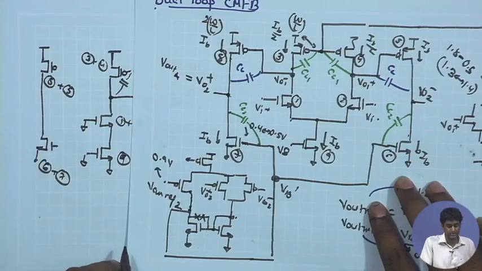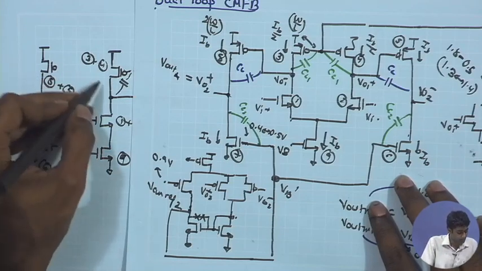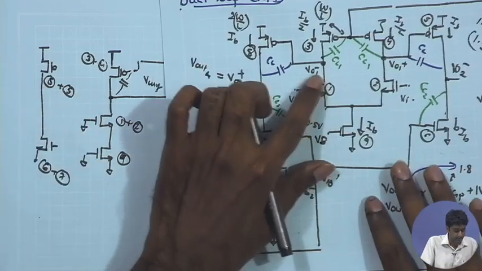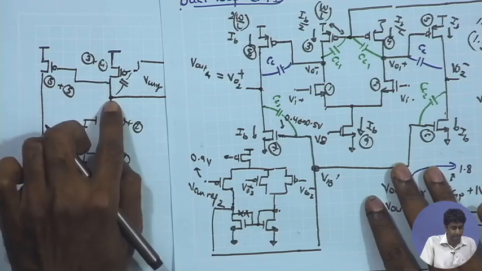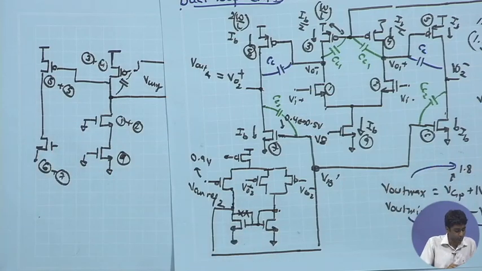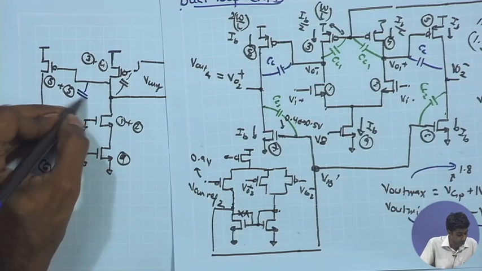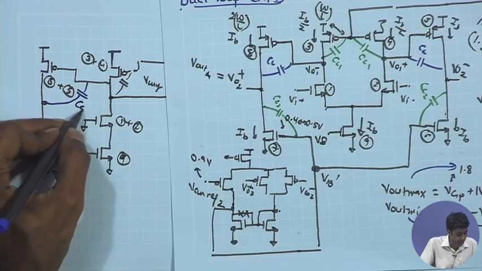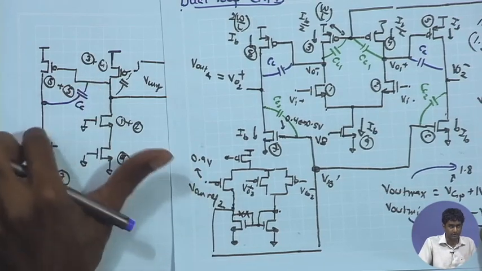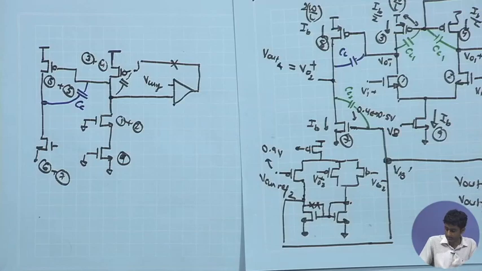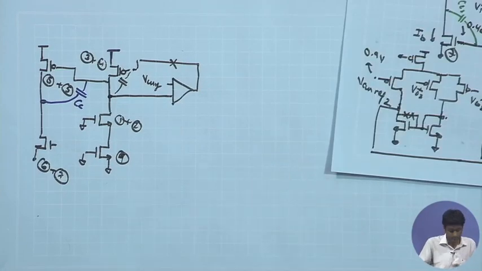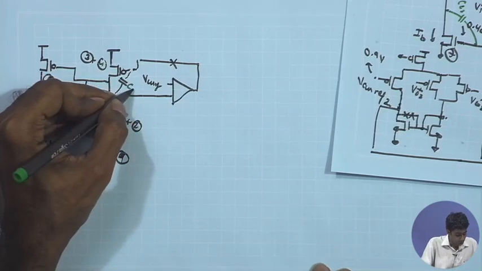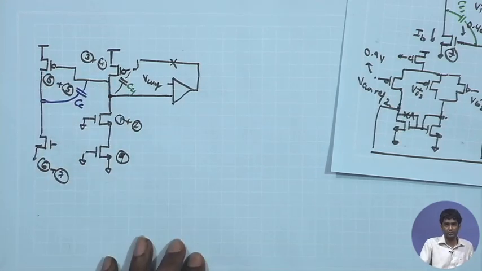This is the second stage, and I do have the CC appearing between the first stage and the second stage. The CC for the differential loop compensation is between the output of the first stage and the second stage, and the first one that I have drawn is CC1, which is for the compensation of the first common mode feedback loop.